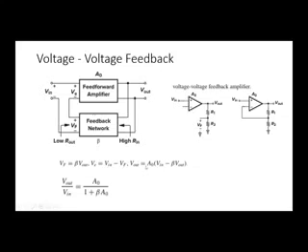Finally, V out equals A naught multiplied by the error signal. That is, V naught equals A naught into (V in minus beta V naught). Finally, the voltage gain of the closed loop amplifier, that is the voltage feedback amplifier, is V naught divided by V in equal to A naught divided by 1 plus beta A naught.